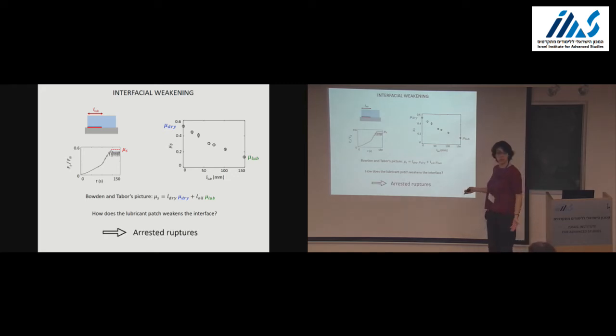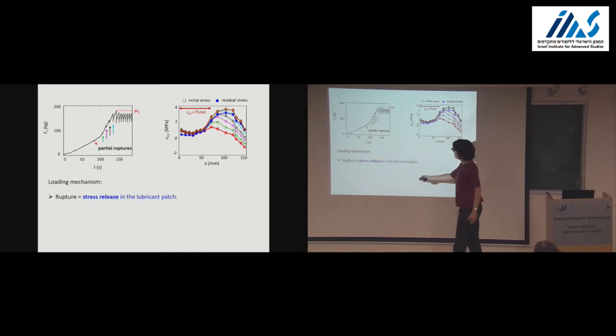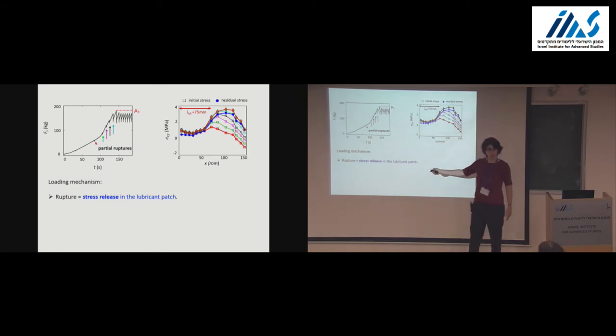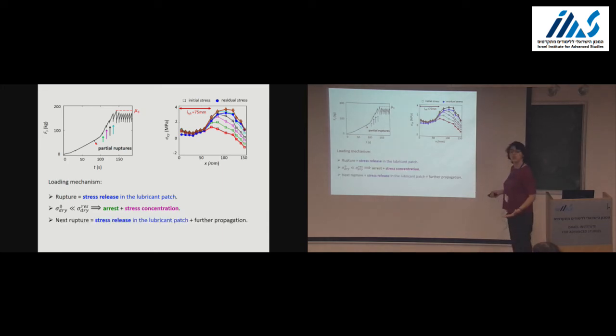And the answer lies in arrested ruptures. How do we get such a heterogeneous stress profile at the end? By the dynamics of arrested rupture. What happens is that a rupture nucleates in the lubricated patch. As it propagates, it releases the stress up to the residual stress level. But because the initial stress in the dry part is smaller than the residual one, it is arrested. As it arrests, there is a concentration of stress around the rupture tip. It's like the singularity is frozen. Now the next rupture is nucleated.